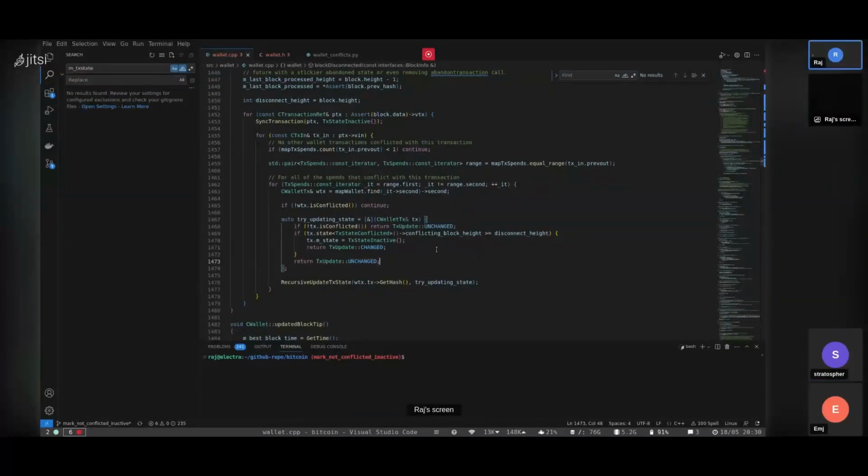I think it's also possible it's the same transaction, right? So I think that's why, if it is not conflicted, we continue. Yeah, if that transaction isn't marked as conflicted previously, then it will just continue. It can be possible that we just have that block transaction in our wallet. Yes. Yeah.